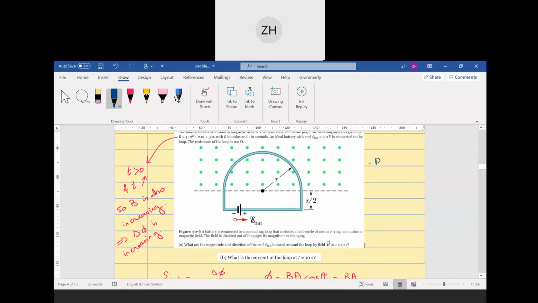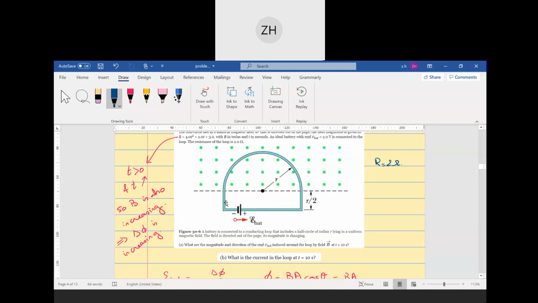So R is 2 ohms. We can use this and apply Ohm's law to relate the induced electromotive force to the induced current and find its magnitude. Of course, when we want to use Ohm's law, we need to look for the total EMF in this circuit, because we already have a battery and an induced electromotive force.